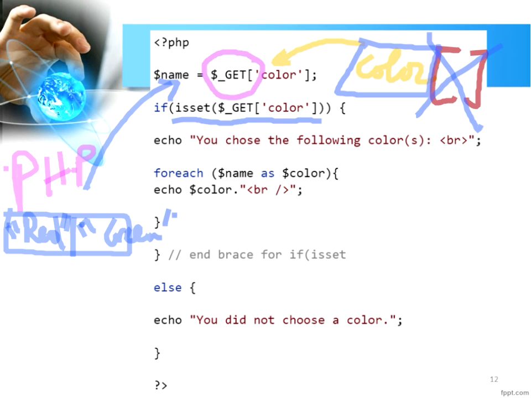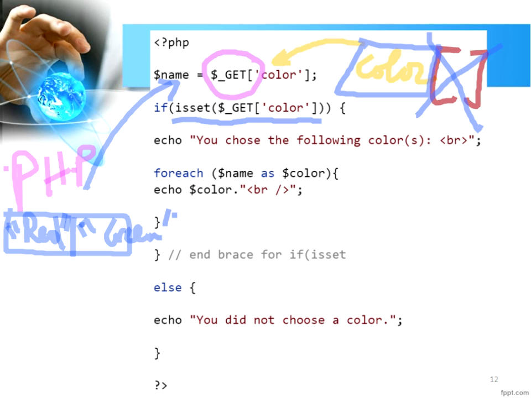Because if the user clicks the submit button without checking any checkbox, in this case $_GET['color'] will be empty. So if isset $_GET['color'], that means the user chose one or many colors.